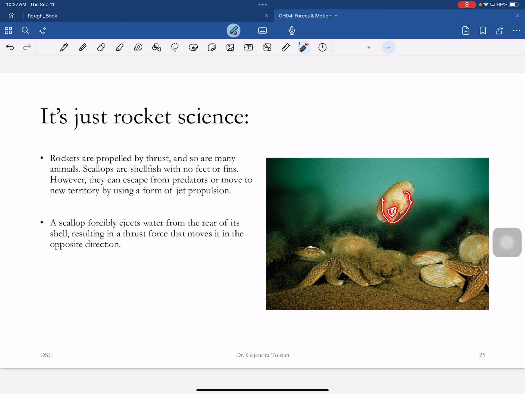They shoot out jets of water and propel in the opposite direction. Squids do that too, so squids have rockets as well. A scallop forcibly ejects water from the rear of its shell, resulting in a thrust force that moves it in the opposite direction.